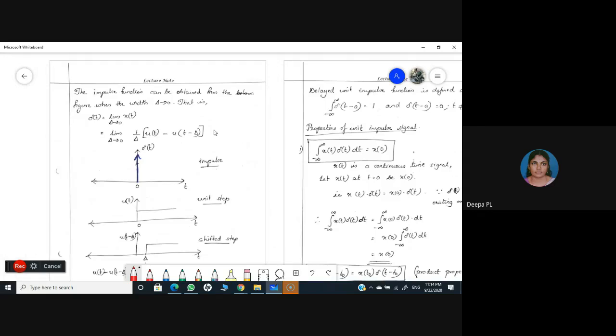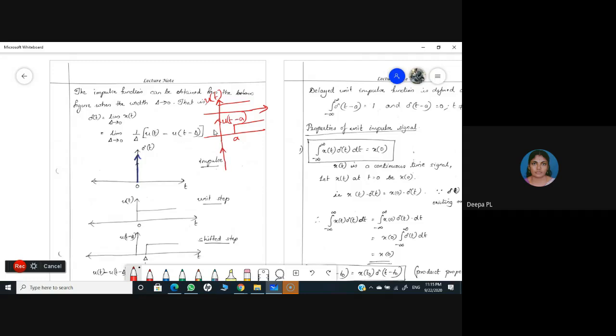I can write u of t. This is my u of t. You know that in the previous class we studied u of t equal to 1 for t greater than or equal to 0. Okay, now suppose that I am taking u of t minus a. If I am taking t minus a, I know that it is starting from positive a, since here you have a minus sign.